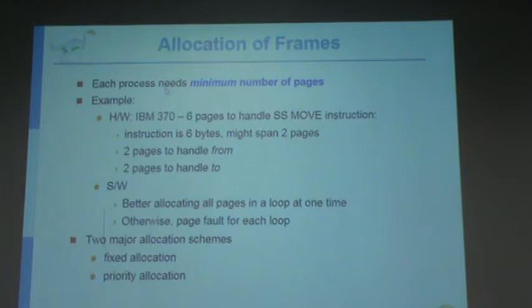Instead, it allocates a minimum number, because no matter how fast your CPU is, the first instruction is executed, then the next instruction, then another page. It's on-demand paging, so we can allocate a minimum number of pages first. For example, IBM 370 allocates 6 pages.